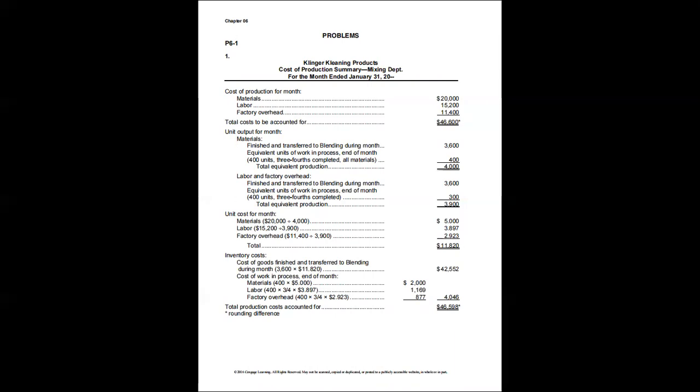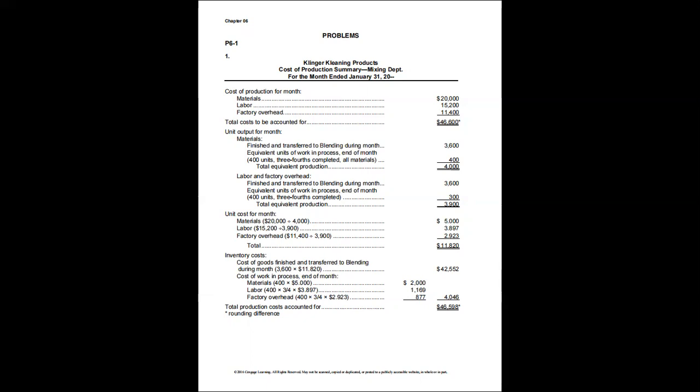Now the cost of production summaries, one department, 2 months, journal entries, data for January and February in the mixing department of cleaning products follow. So we have now the data for January and February. Materials used, labor, factory overhead, finished and transferred to blending.